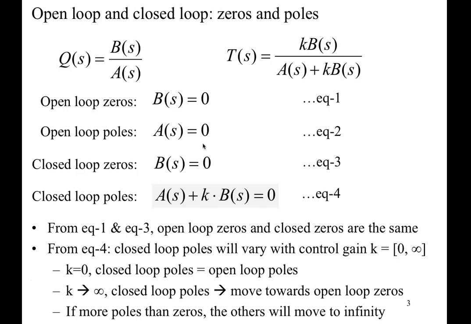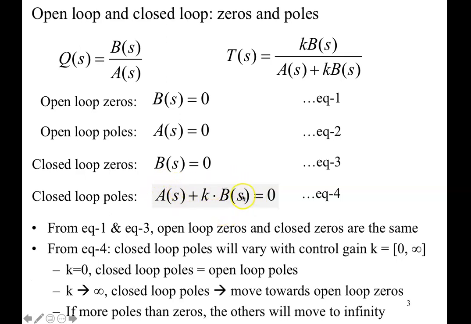On the other side of the extreme case, if K tends to infinite, K is very large. Now, relatively speaking, I have two terms on the left-hand side of equation 4. Relatively speaking, because K is very large, the second term will be much bigger than the first term. Therefore, approximately, we can actually neglect the first term.